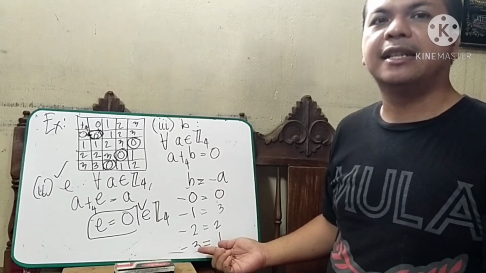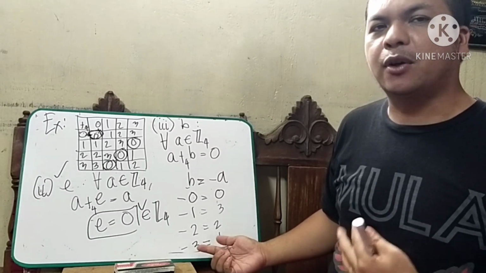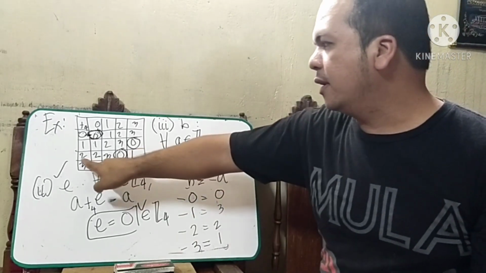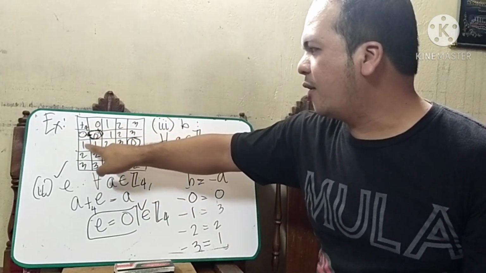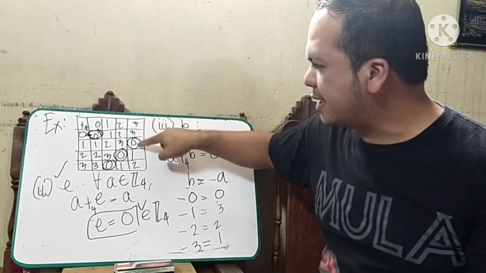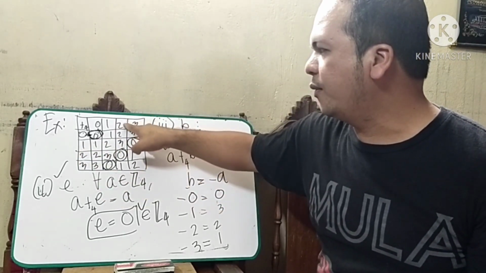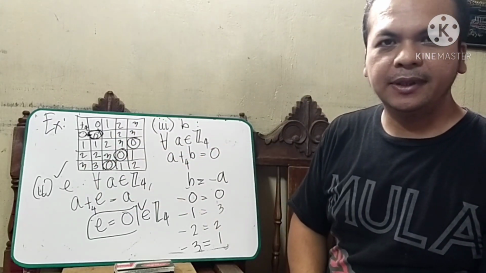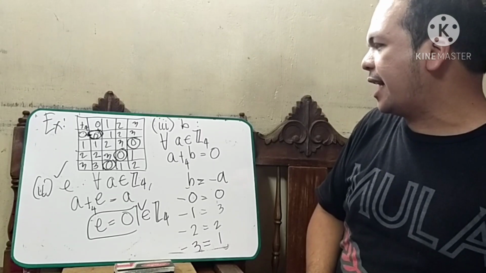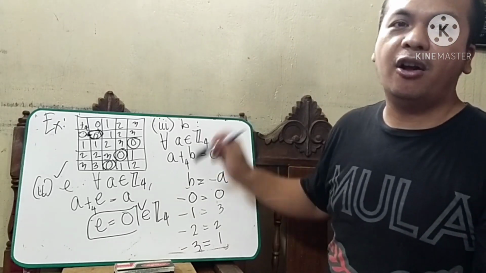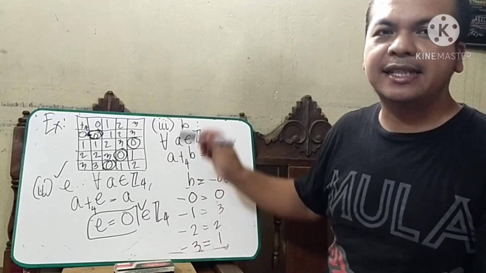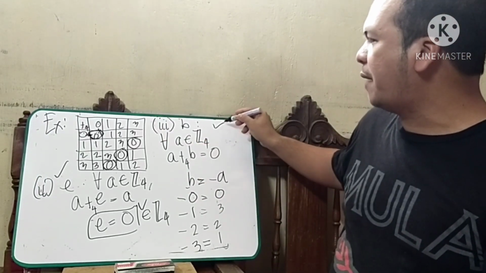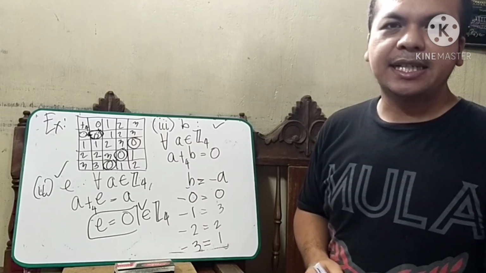And of course, the inverse of 3 is 1 because when you take the sum modulo 4, it is equal to 0. So, 0 plus 0 is 0, 1 plus 3 is 0, 2 plus 2 is 0, and 3 plus 1 is 0. Okay? So, meaning to say that each of the elements of Z4 has an inverse. So, the third property is being satisfied.